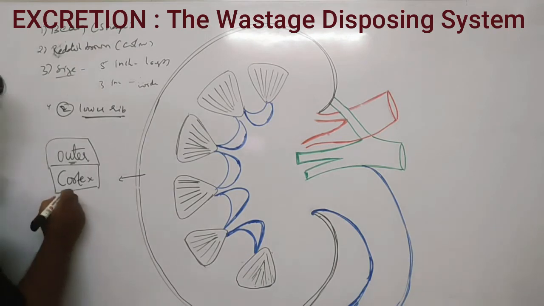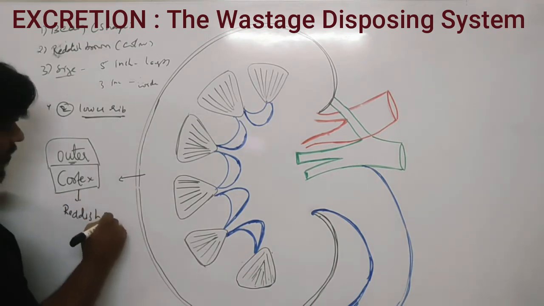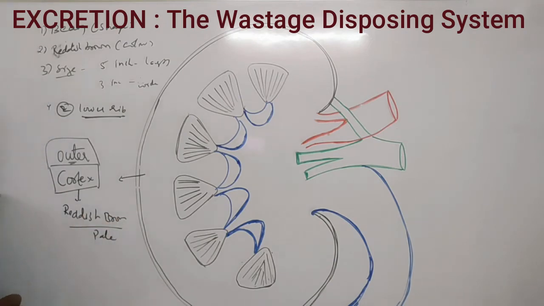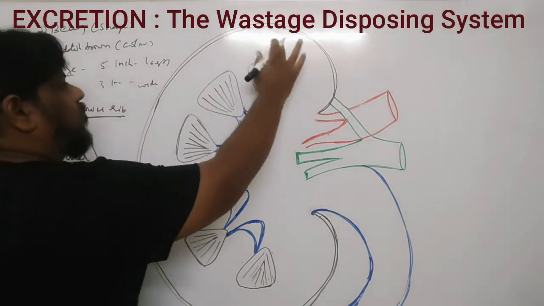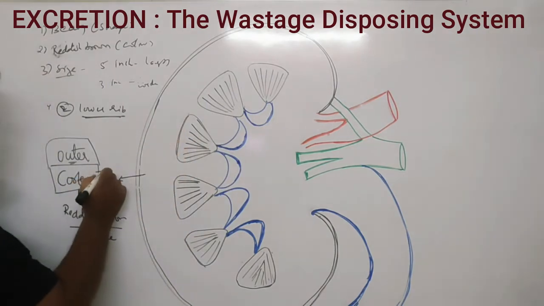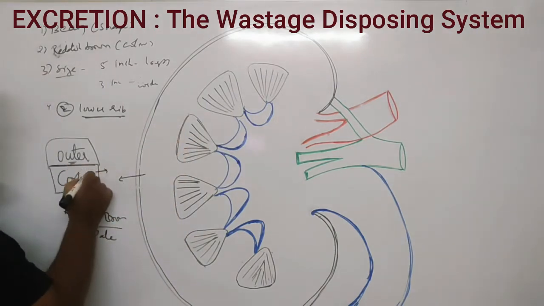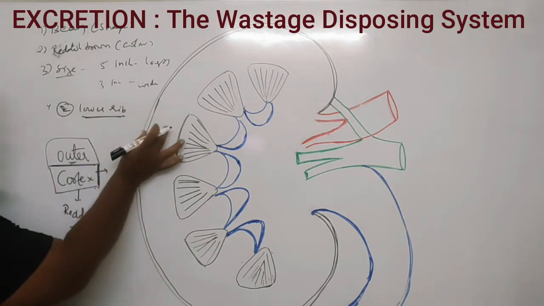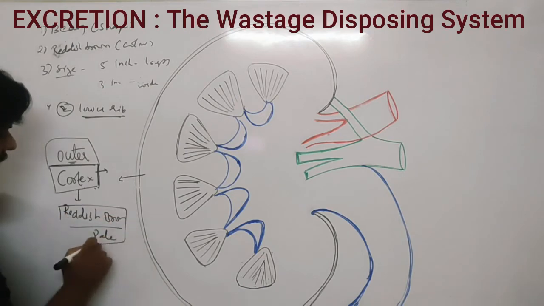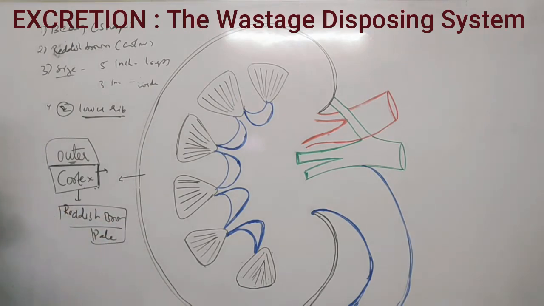The outer cortex is reddish brown in color but a bit pale. I'm talking about this whitish color you are seeing here. Because it is the outer part, we call it the cortex, and it is pale reddish brown in color.